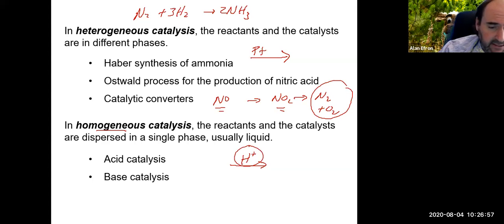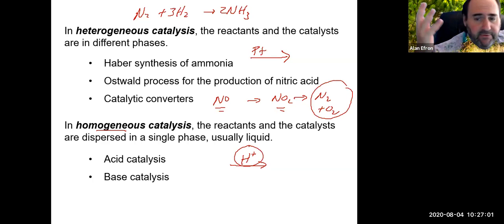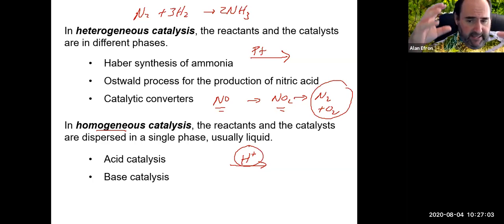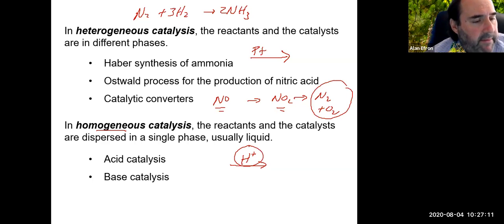An acid catalyst is sometimes written H+ on top of the arrow. And these would be solutions. So floating around with everybody in the solution, there's some H+, OH-, which help allow everybody to come together a little bit faster, but they're obviously in the same phase as each other in that particular case.